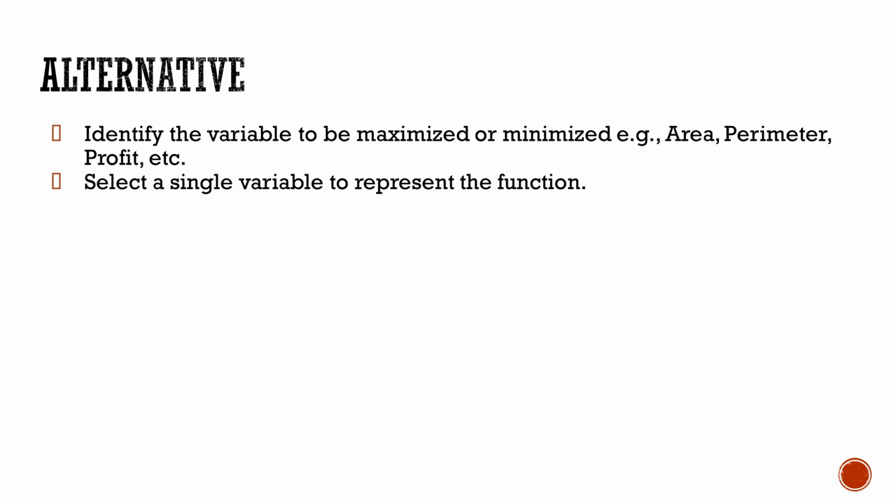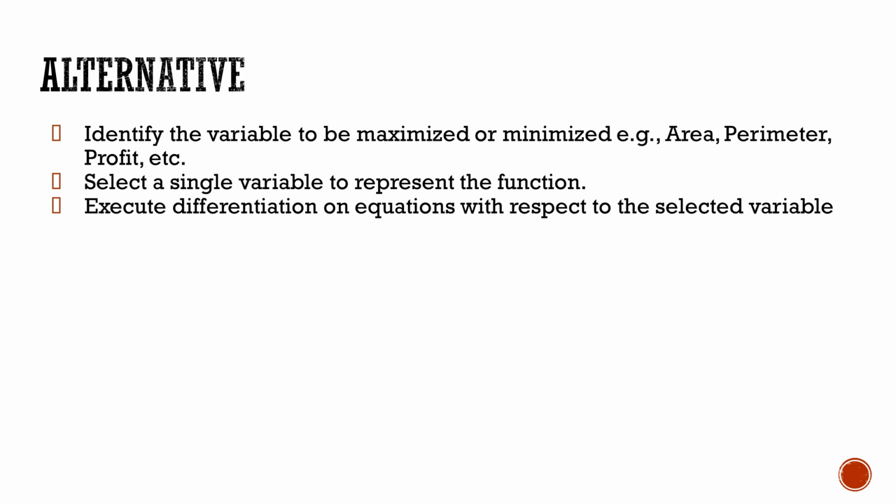Say for example, yung area mo could be expressed in x or y. Just decide kung i-differentiate mo ba yung area with respect to x or i-differentiate mo ba yung area with respect to y. So you have the choice.